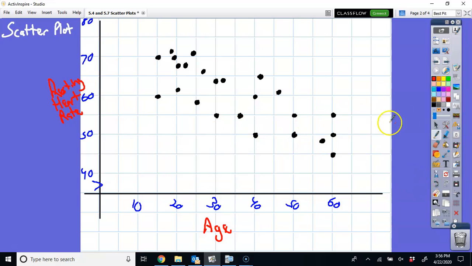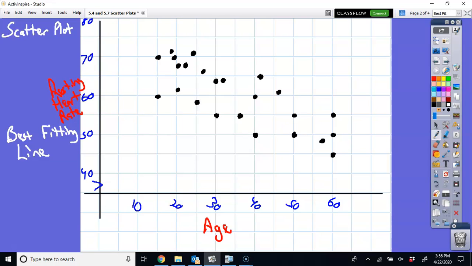And so what we have is the other concept that we're going to talk about today called a best fitting line. Or sometimes you'll see that called a regression line in your more detailed math classes. So this is a best fitting line.